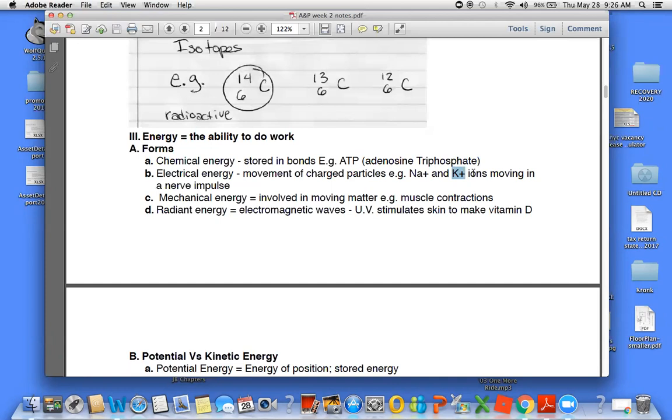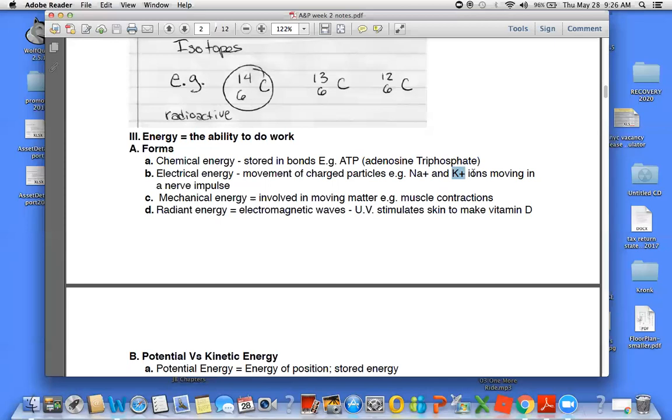Grasp your fingers like that, and that's electrical energy. Then we have mechanical energy, which involves the moving of matter. I just showed you that. Muscle contractions. My hand is moving. I've changed the chemical energy that's stored into mechanical energy to move.